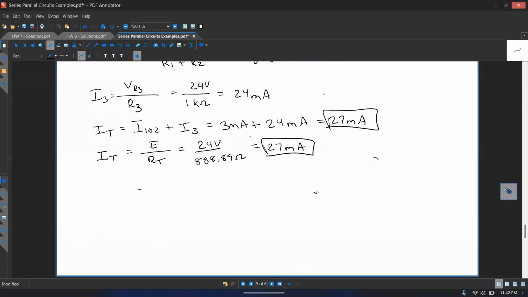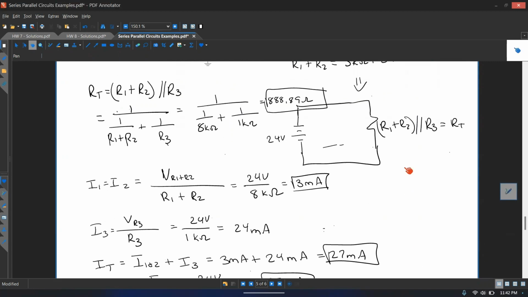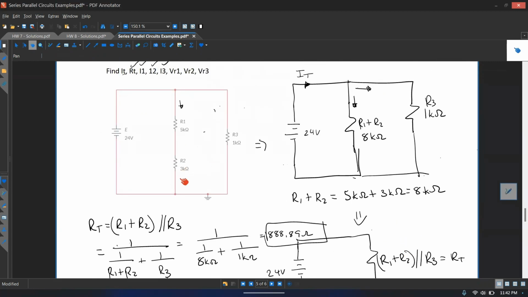All right, so VR1 is going to equal, first of all, what is the total voltage that's across this series combination? The voltage across this series combination is the 24 volts.